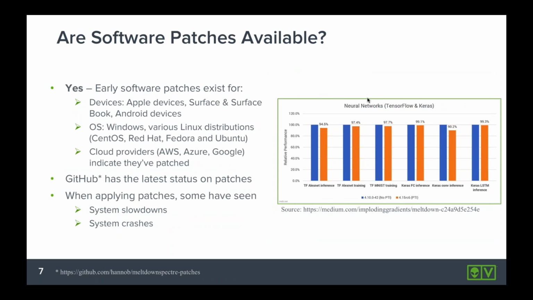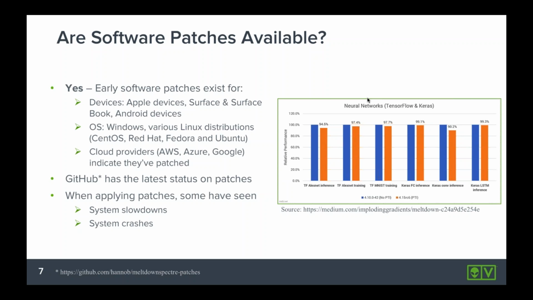I know the question that many of you are wondering is, are software patches available? Frankly, yes. There are early software patches, and I emphasize the word early. We have seen patches being pushed out by Apple, by Microsoft for their Surface and Surface Book, by Android. There are obviously patches for different operating system variants, Windows, and various Linux distributions.